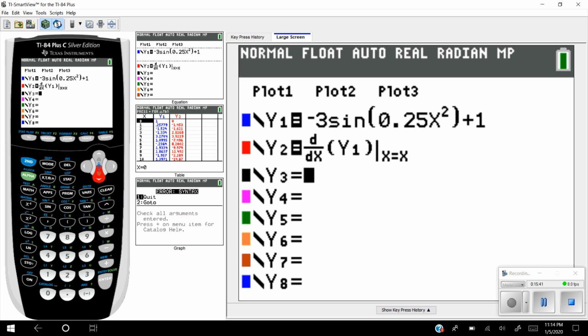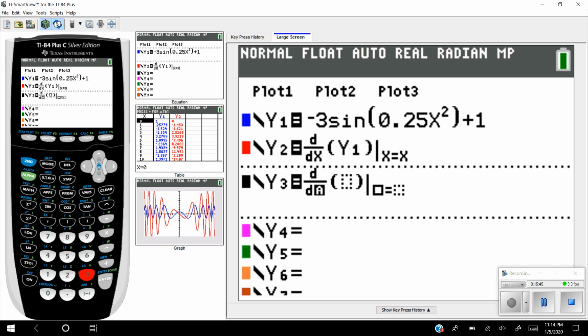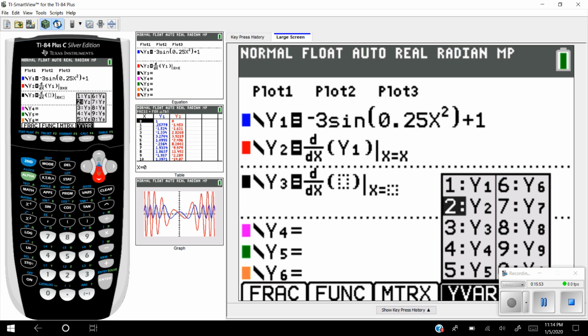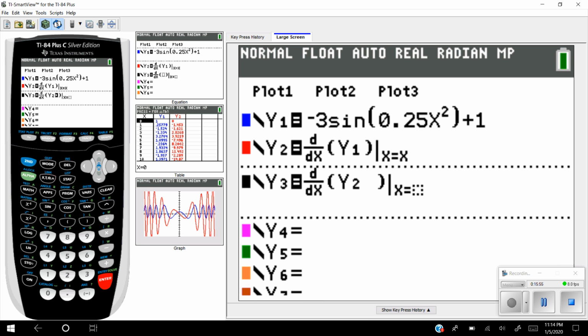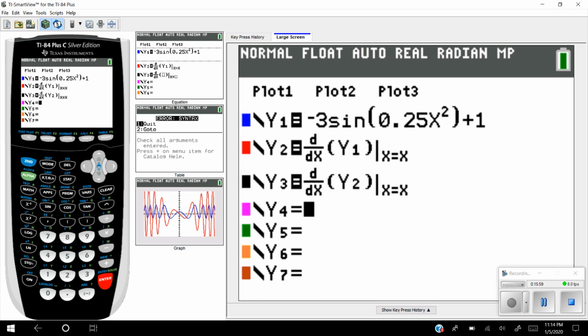So now I'm going to go alpha window, 3 is nDeriv, d over dx, and I want the derivative now of y2 at x equals x. So y1 is position, y2 is velocity, y3 is acceleration.